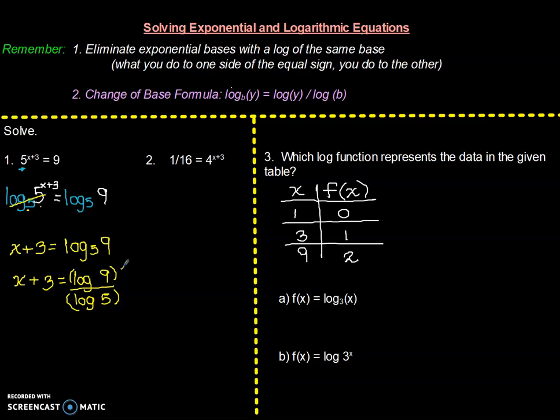When you calculate it, take log 9, close your parentheses, and then divide it by log 5, close the parentheses, and that should give you about 1.365. Keep that entire decimal in the calculator though, because we only have one step left, which is to subtract 3 on both sides.